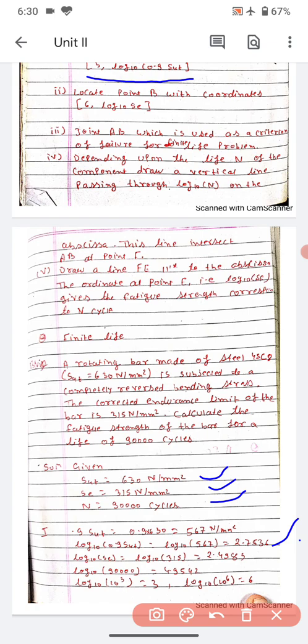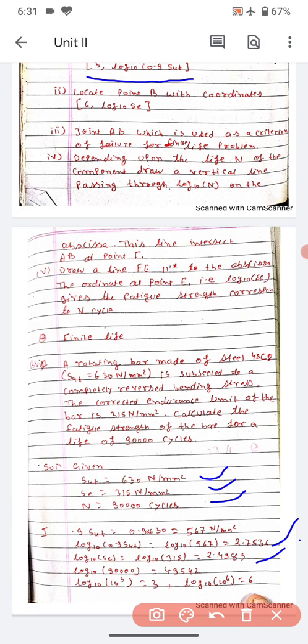Now log 10 Se. The second step: Se is given as 315 Newton per millimeter square, so log 10 of 315 is 2.4985, and it corresponds to 10 power 6 cycle.